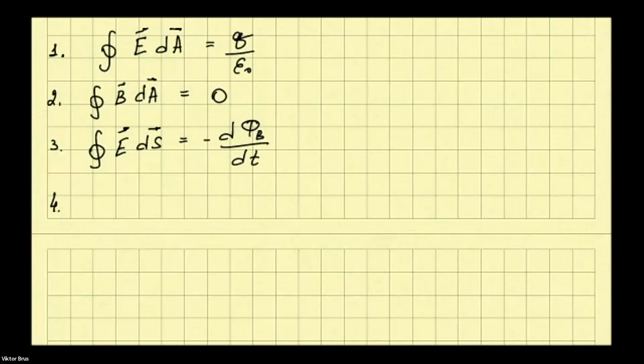And the fourth equation, the one which we actually discussed today and which introduced an additional component to go from Ampere's to the Ampere-Maxwell equation, is the integral over a closed path of B vector times ds vector equal to mu naught times I plus epsilon naught times mu naught times d Phi_E over dt.